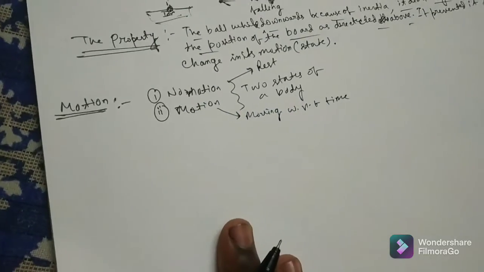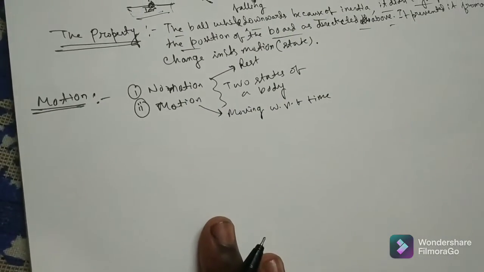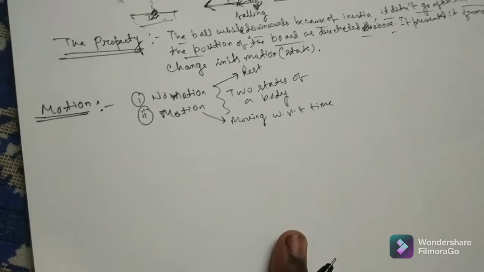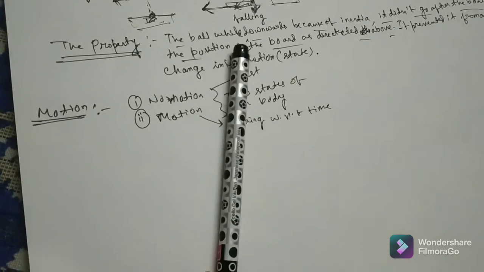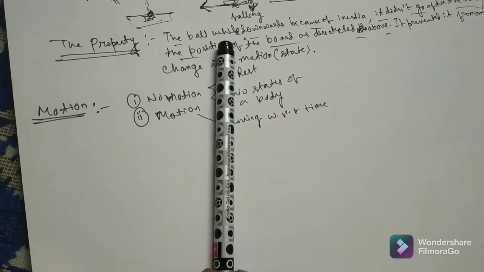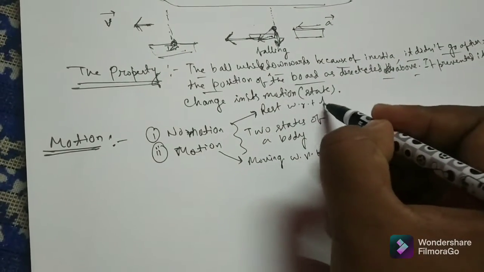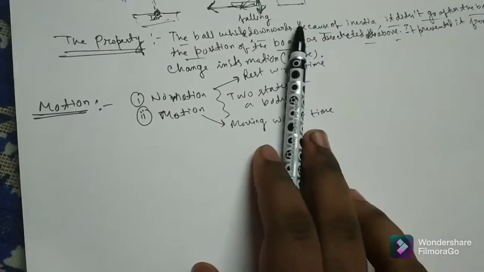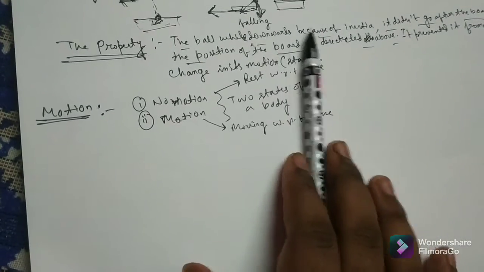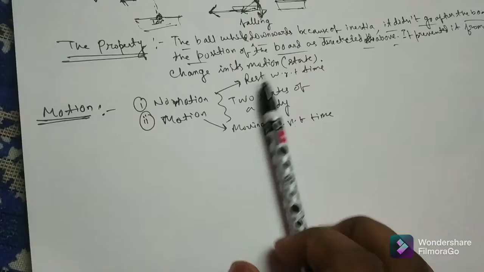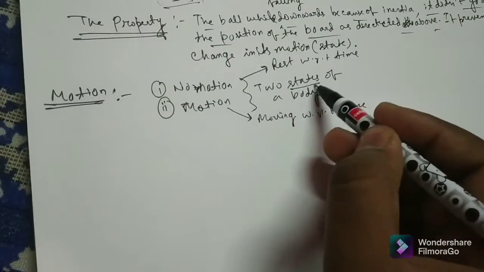If anything moves with respect to time, we can say that it's in motion. And if something is at rest with respect to time, that means it's not changing its position xyz, so it's at rest. So these are the fundamental states of a body.